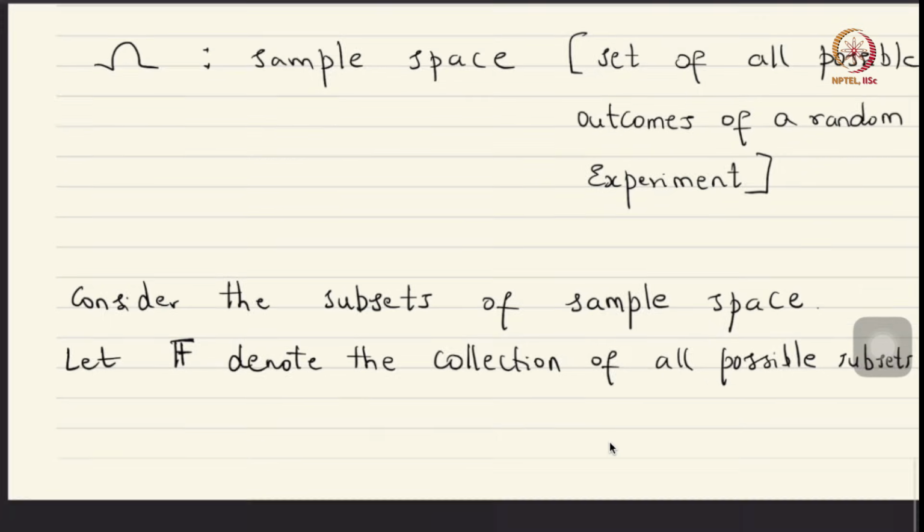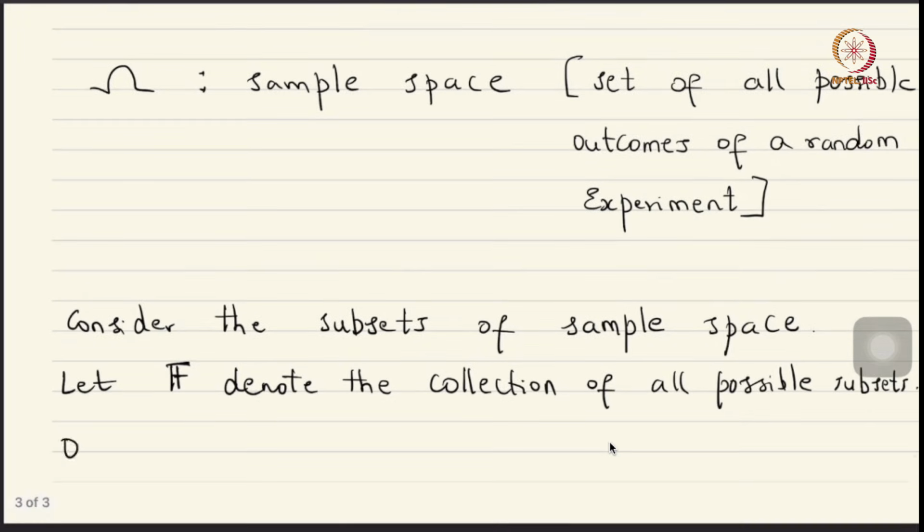The question, or rather the objective, is to assign a measure on F.